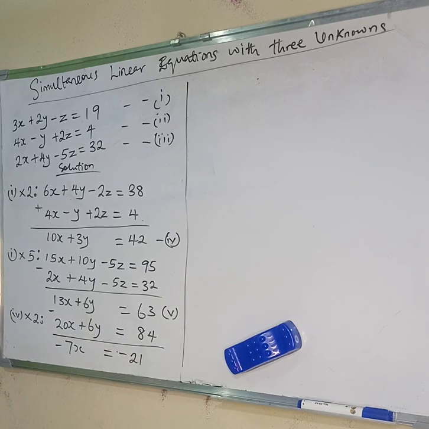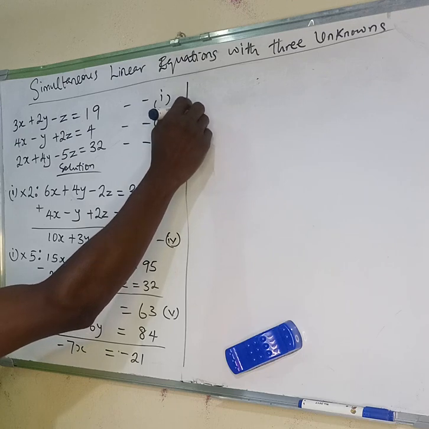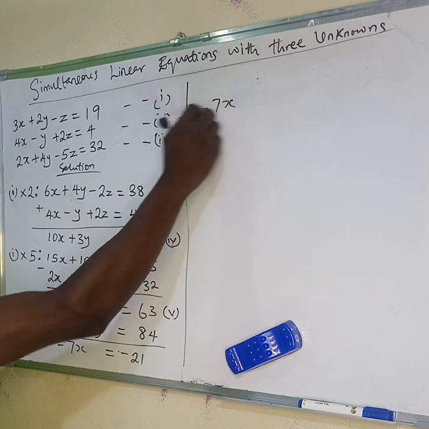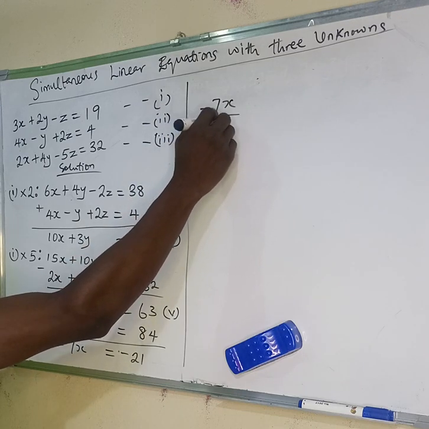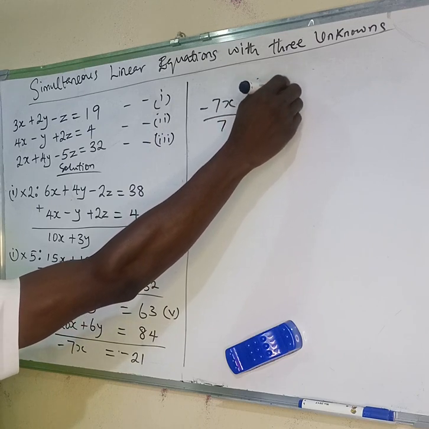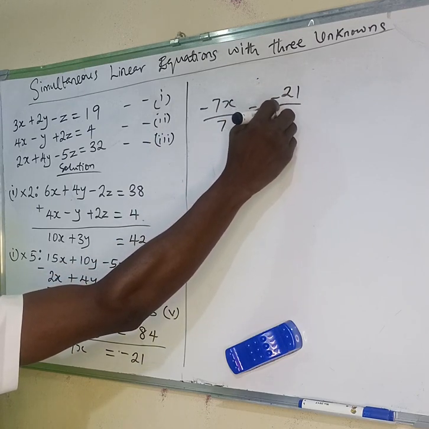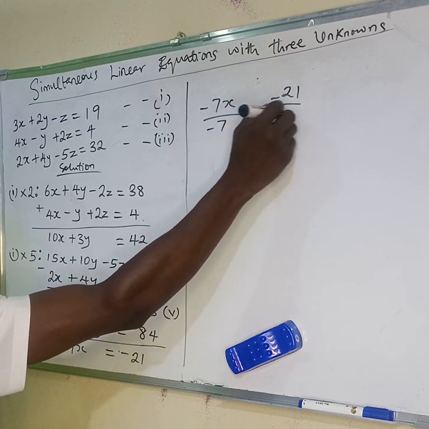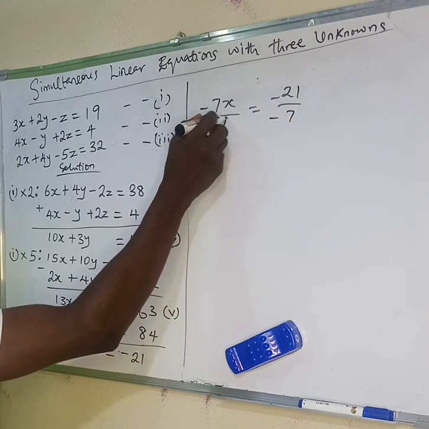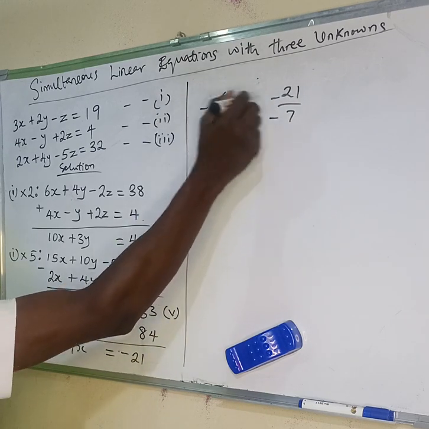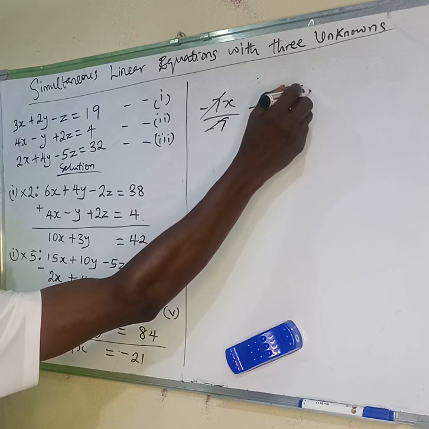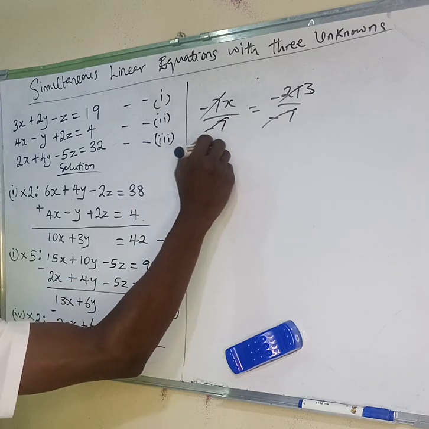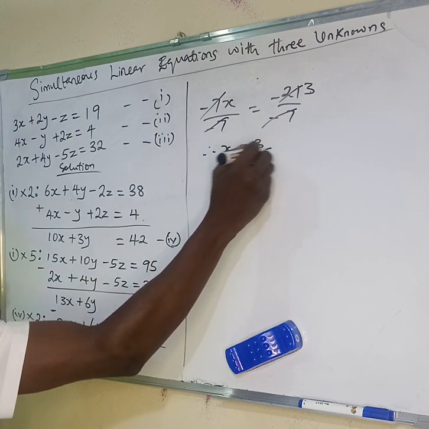So the implication is that negative 7x divided by negative 7 is equal to negative 21 divided by negative 7. This gives us 1x on the left, and 3 on the right. Therefore, x equals 3.